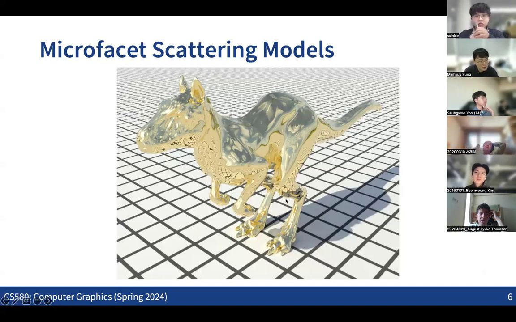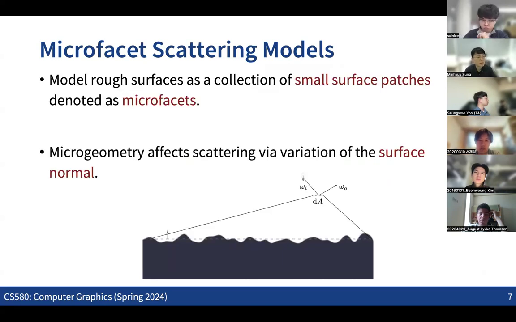This is one example that we can see, a rendering output with the microfacet scattering model. The basic assumption of the microfacet scattering model is that it models a rough surface as a collection of small surface patches.